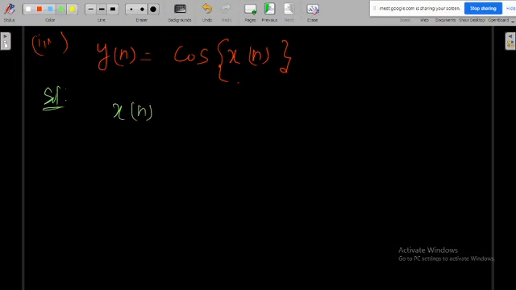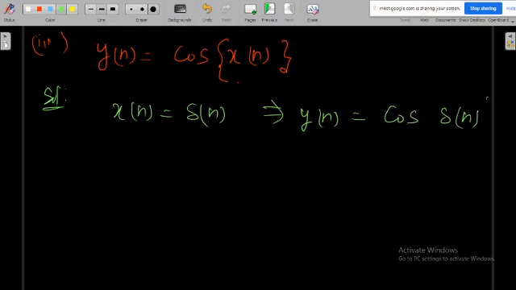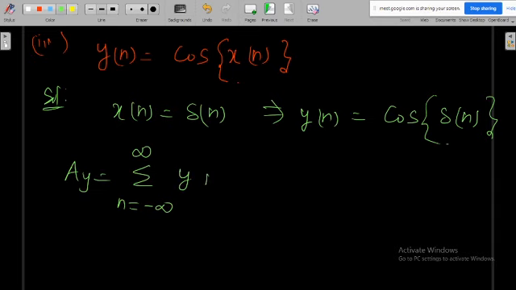The input is impulse, that is del n. Then what will be the output? y of n is equal to cos of del n. Now we have to find the area under this y of n, that is Ay. Ay is equal to the summation over n from minus infinity to plus infinity of y of n, where y of n is cos of del n.